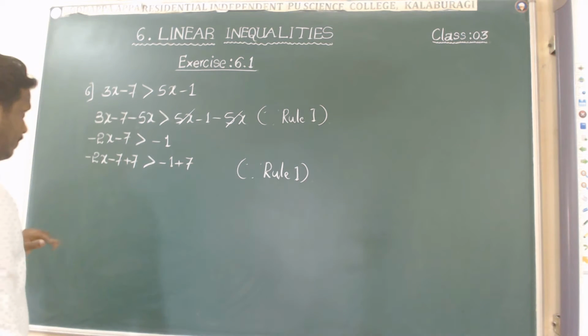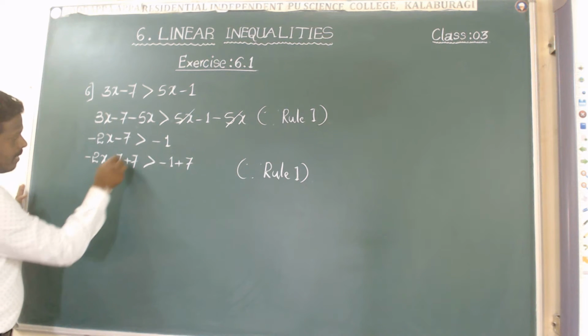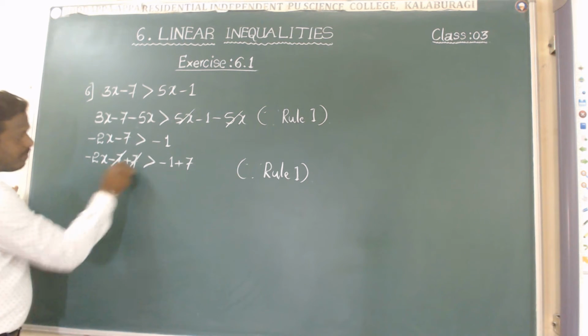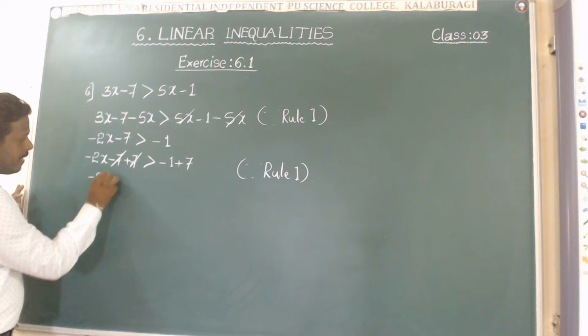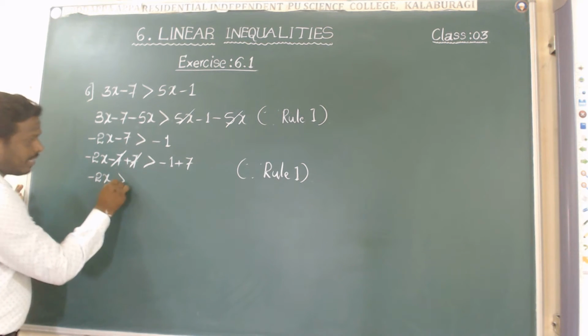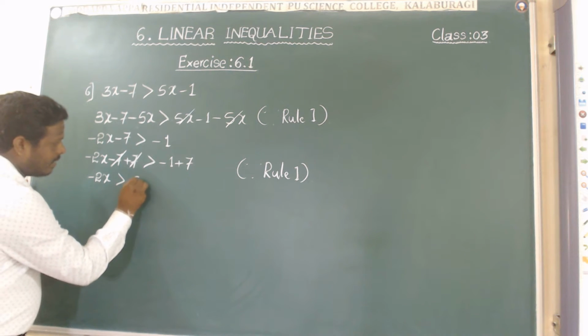Now simplify. Minus 7 plus 7 becomes 0, so minus 2x is left here, and on the right, as usual, simplify minus 1 plus 7, we get 6.